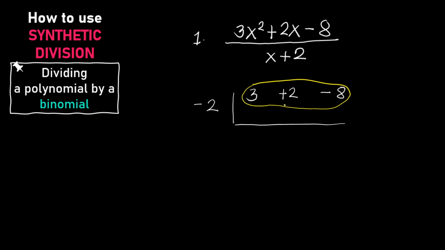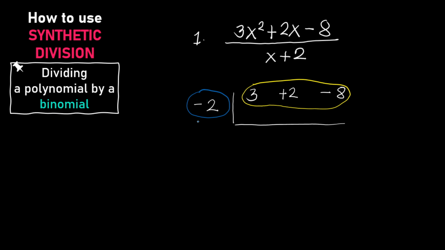And don't forget the sign. For this is the divisor. We just have to get the value of x. In this case, x plus 2 will be x equals negative 2. Remember, we got this because of the addition property of equality, where we add the opposite sign of a coefficient to both sides of the equation to isolate the variable.